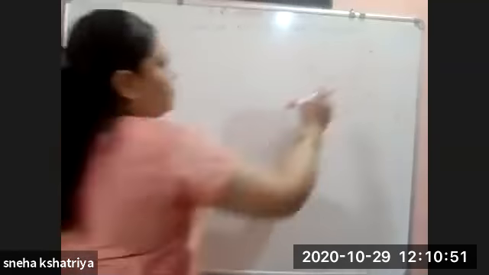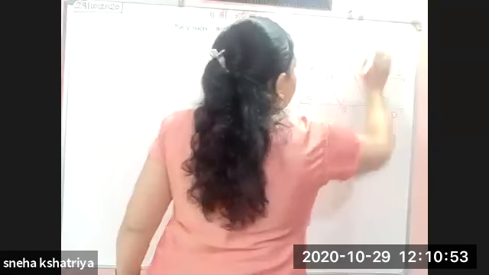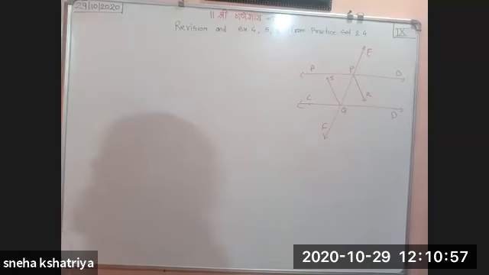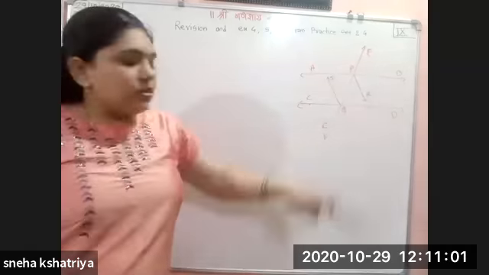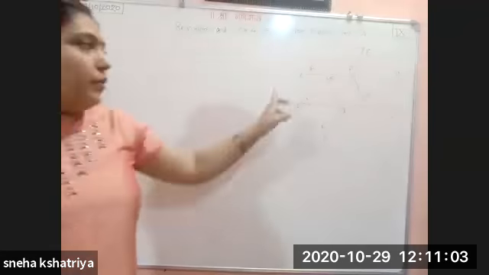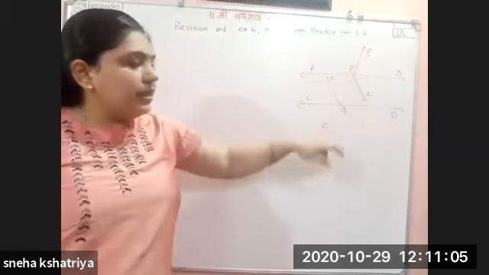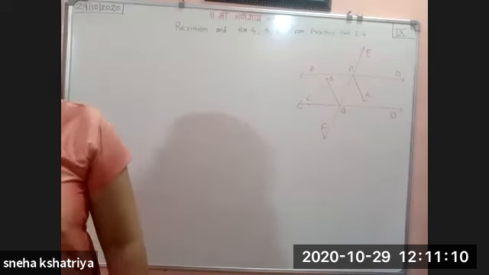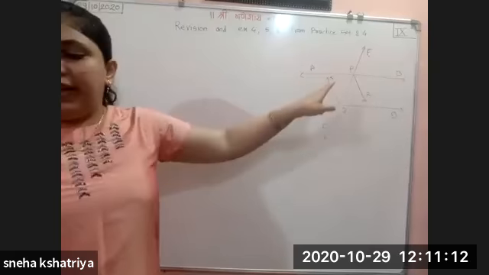Okay, this is given to you. I'm writing the question. A transversal EF of lines AB and CD. AB and CD are two lines, and EF is the transversal. It intersects the lines at points P and Q respectively.